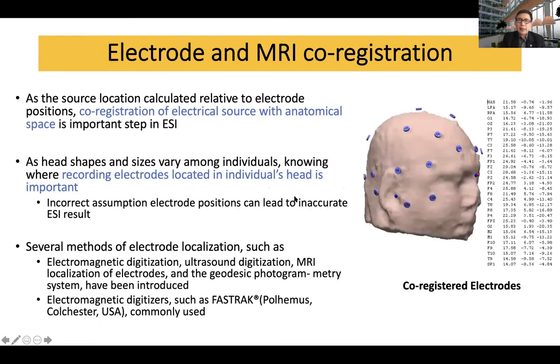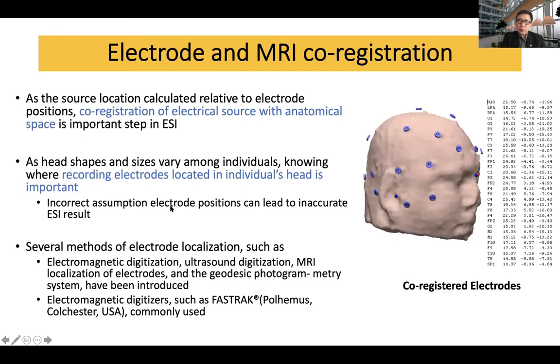Electrode and MRI co-registration is another basic, very important technique used to identify the ESI. The source location is calculated relative to electrode position, so co-registration of the electrical source with the anatomical space is an important step in the ESI. Because head shape and size vary among individual patients, knowing where the recording electrodes are located on the individual head is very important.